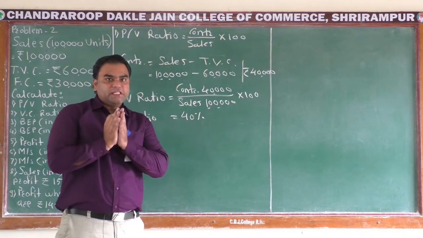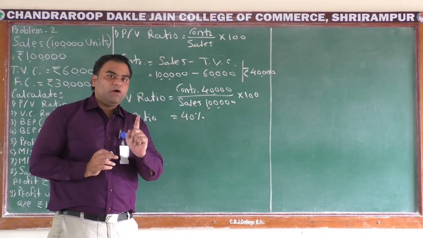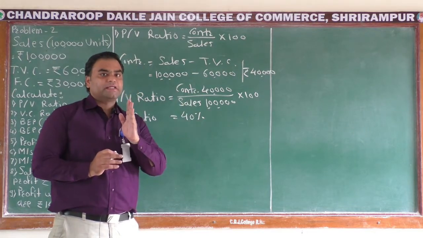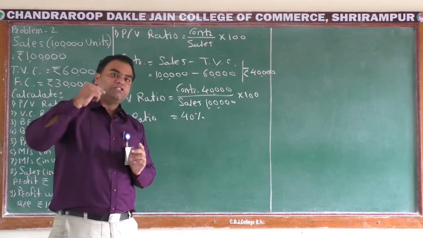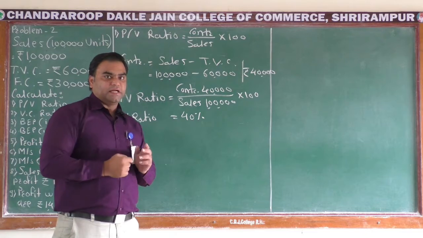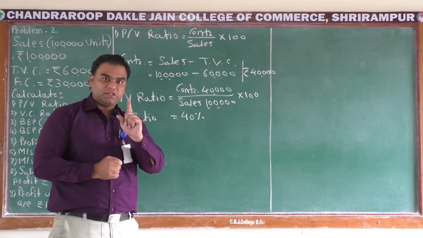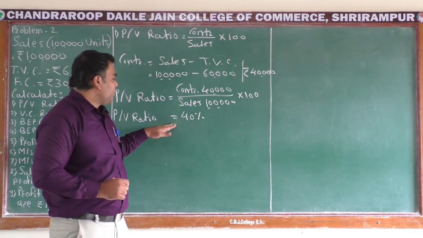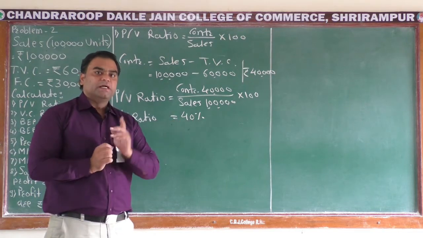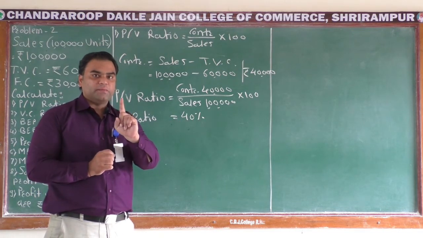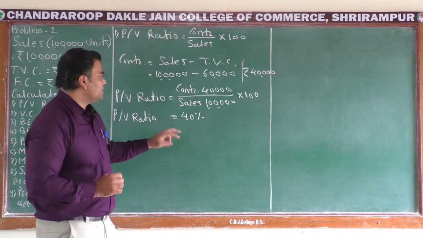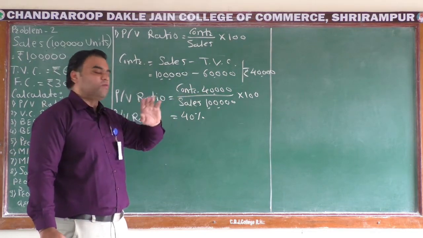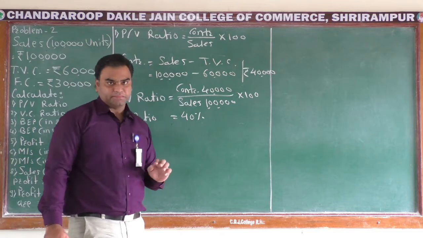Means what? It tells us the percentage of contribution to sales. Here PV ratio is 40%, means contribution is 40% of sales. You can see contribution is 40,000, which is 40% of rupees 1 lakh.